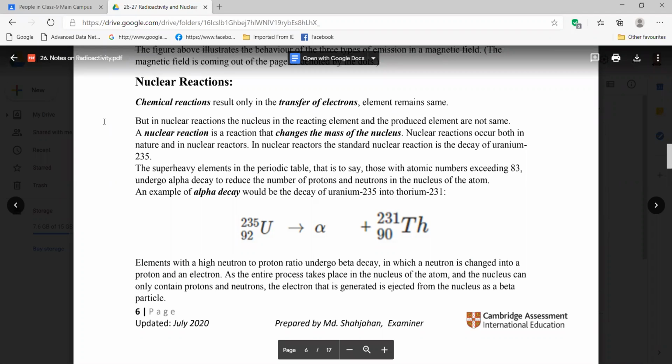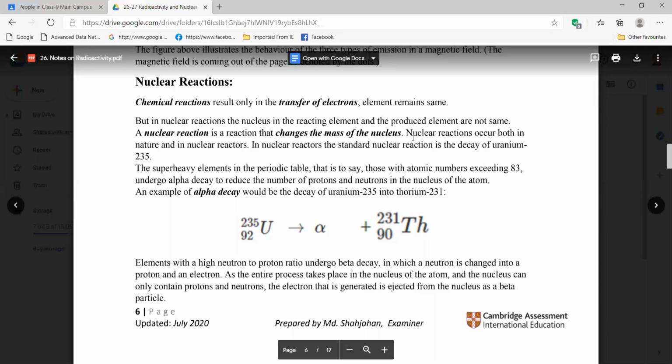The chemical reactions are the transfer of electrons, and the nuclear reaction happens when there is a change in the mass of the nucleus, or you can say transfer of nucleons. Okay, nucleons means those who are staying in the nucleus, who build their house in the nucleus, they are called nucleons.